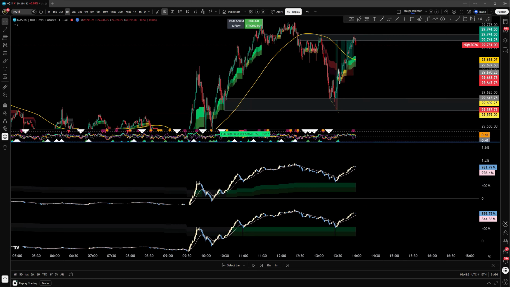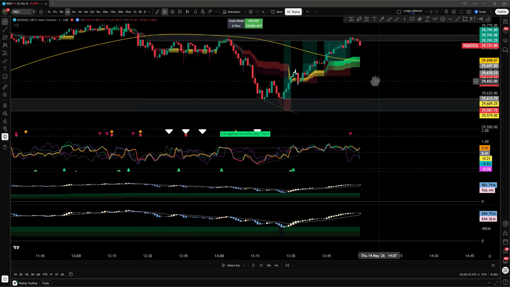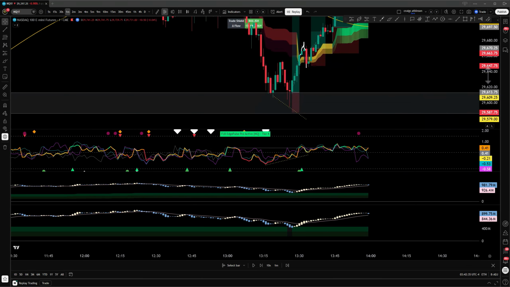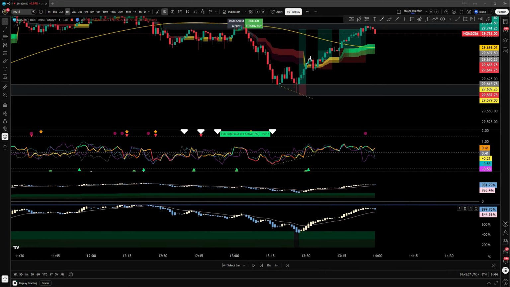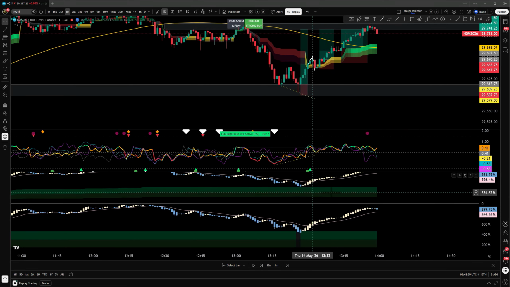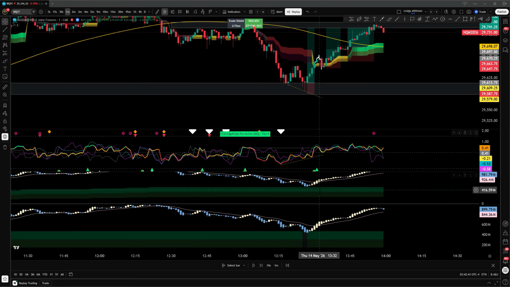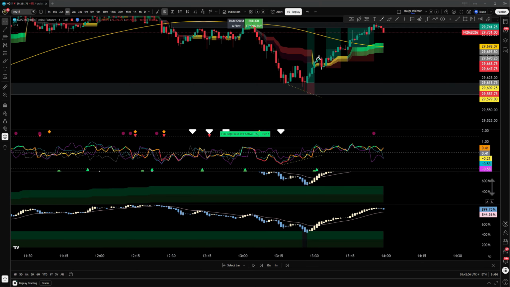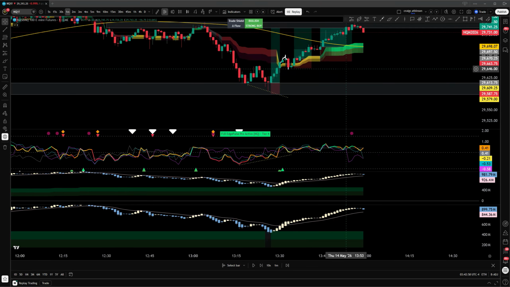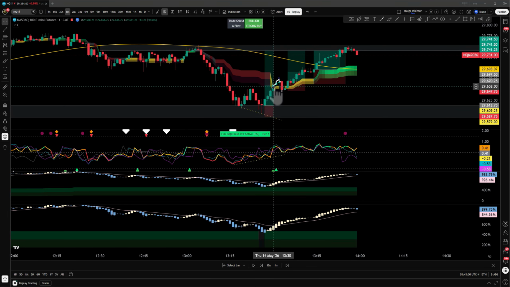Now I want to show you what happened right here, at this end cap, and why I would 100% take the entry at the end cap, right? Price comes down on Real Flow, taps into it, and breaks the EMA right here, right after the start of the new 30-minute candle.